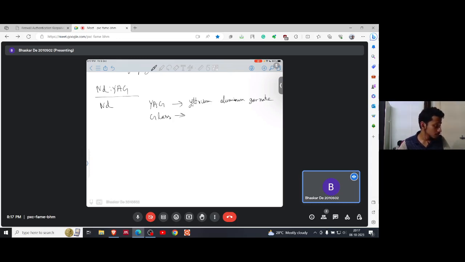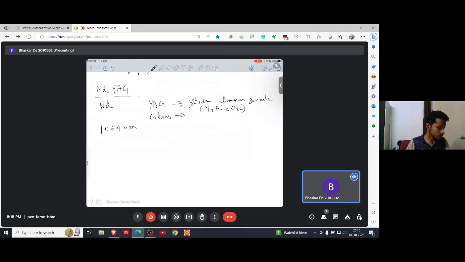When doped in YAG, whose formula is Y3Al5O12, the Nd crystal produces laser output primarily at 1064. The output is at 1064 nanometer.